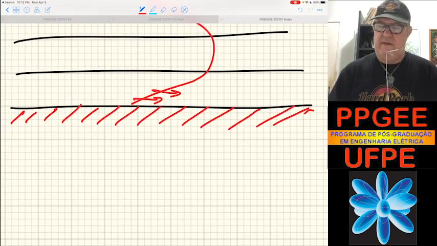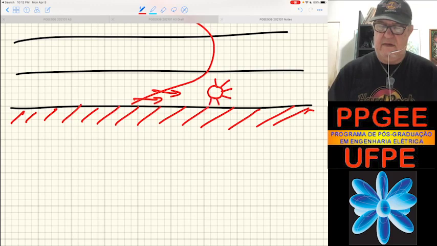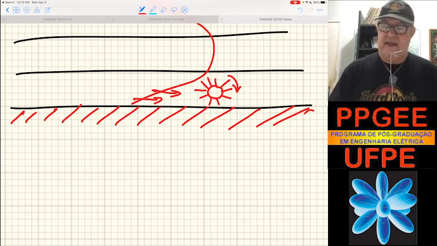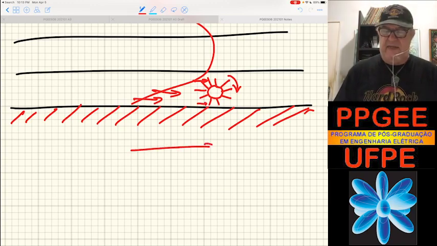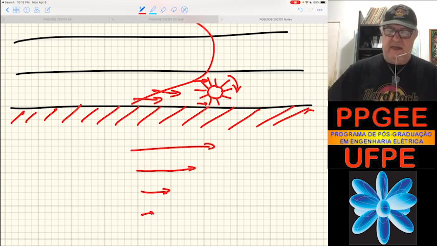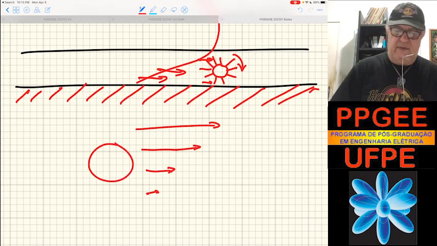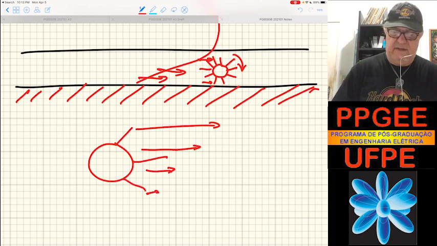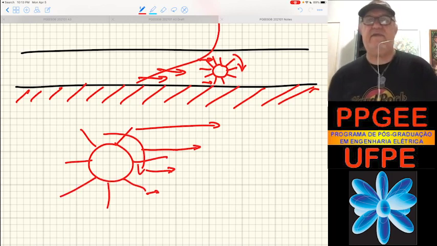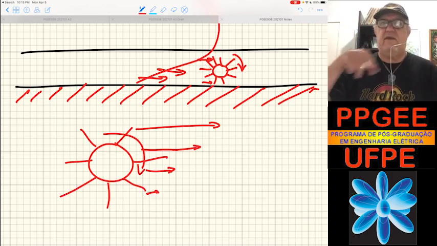If you put a wheel here, it's very possible that this wheel will rotate like that, because we have more flux in here and less flux in there. So the velocity feels like this, right? Towards the margin. And if we put the wheel to measure the curl of this field, you're going to have something that rotates like this.